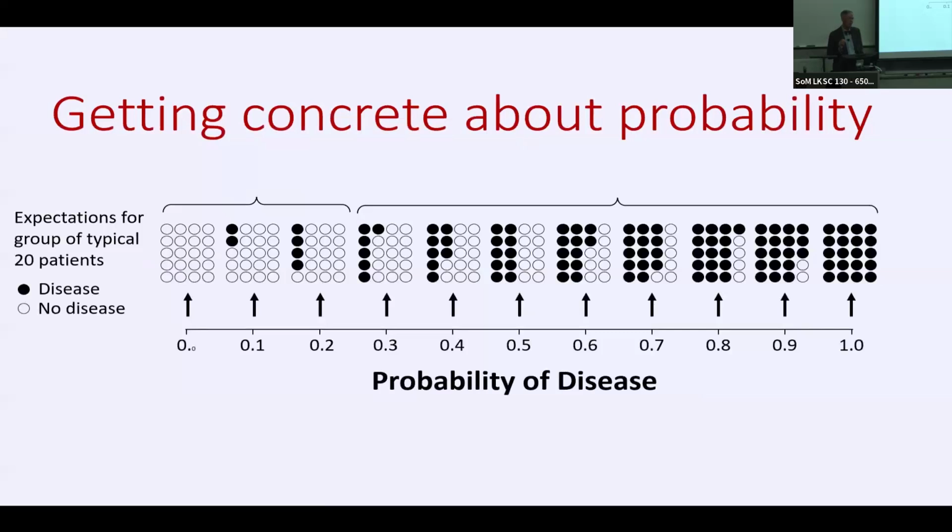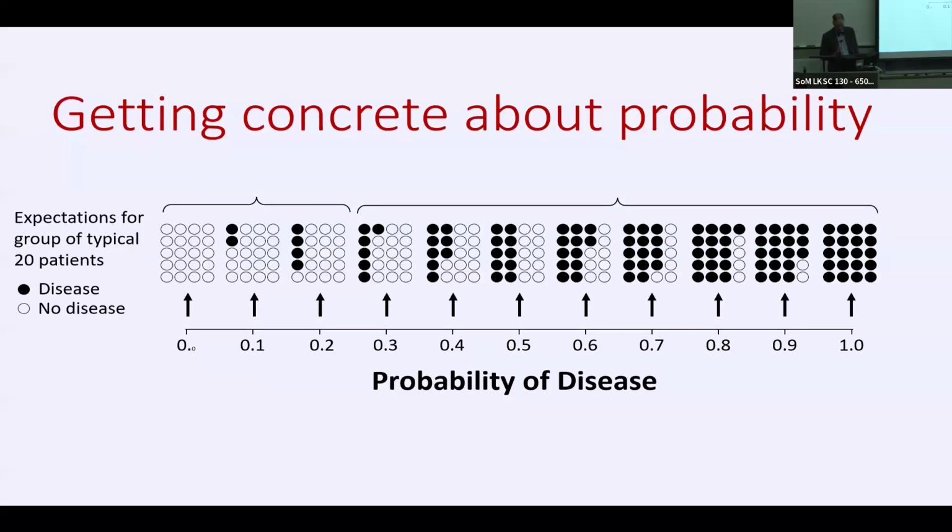Now we're going to talk about probability, and I entitled this slide, Getting Concrete About Probability, what it actually means. Each one of the open circles is somebody without the target condition, and the closed circles are people with the target condition.